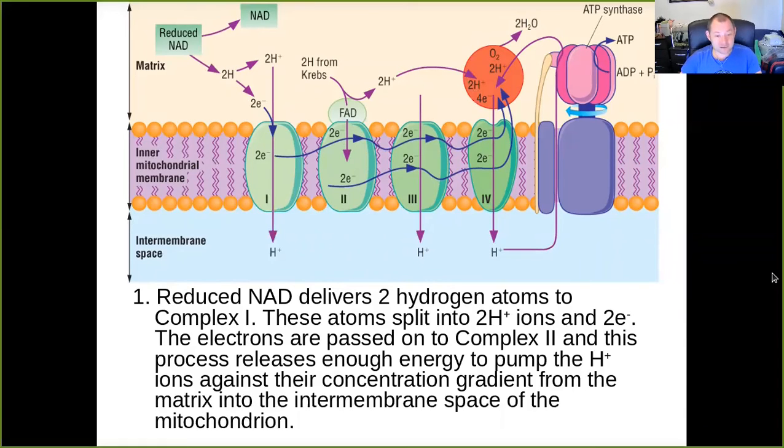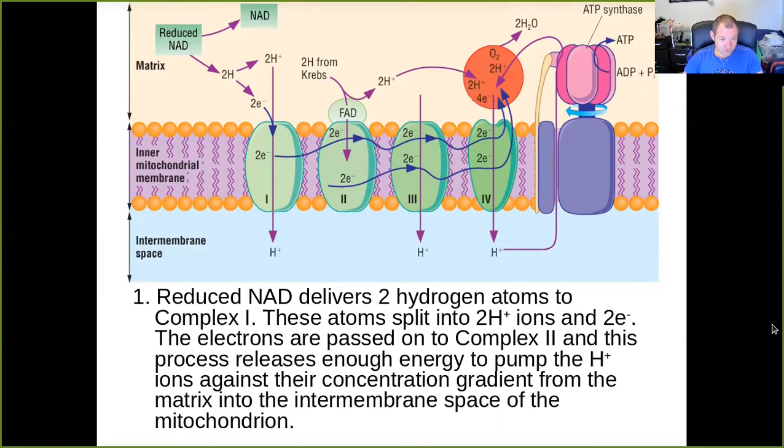So reduced NAD delivers 2 hydrogen atoms to complex 1. Drops them off, turning it back into NAD. It's now oxidized again. Well, no longer reduced. And this NAD can then go back to glycolysis and all the other processes and do its thing.